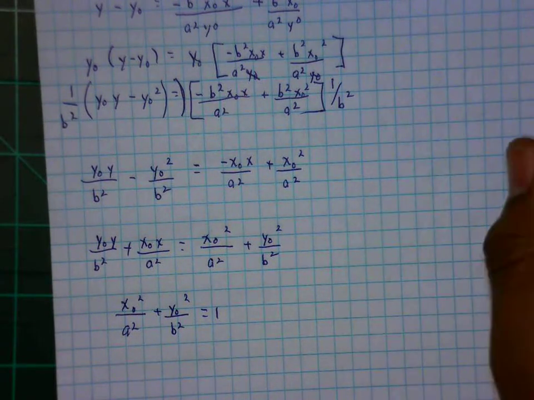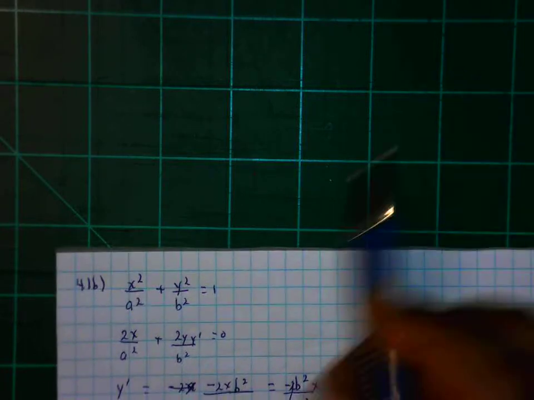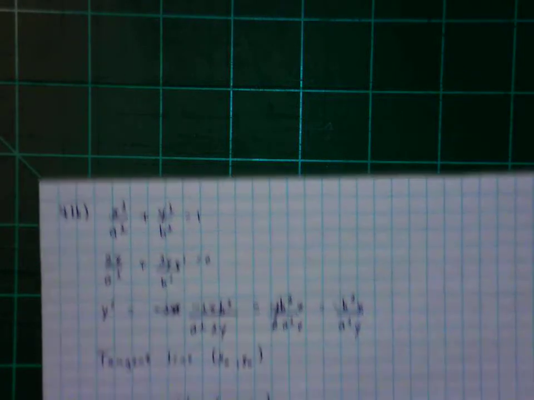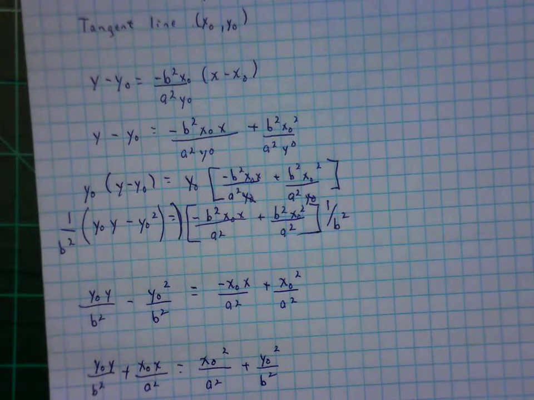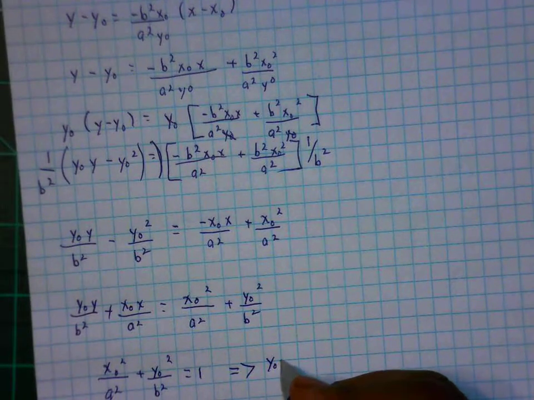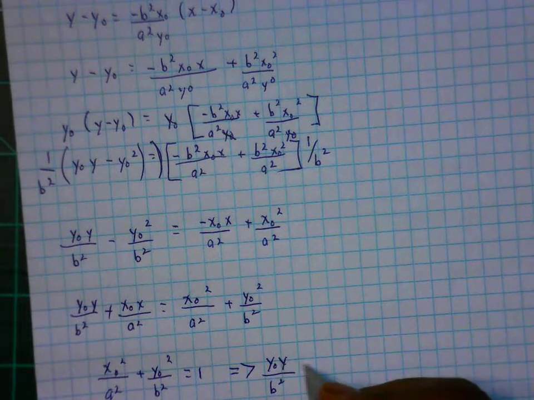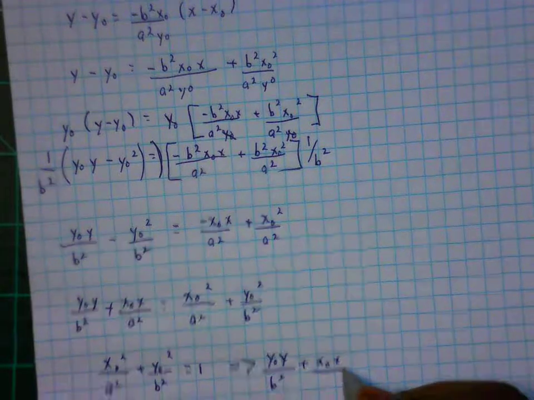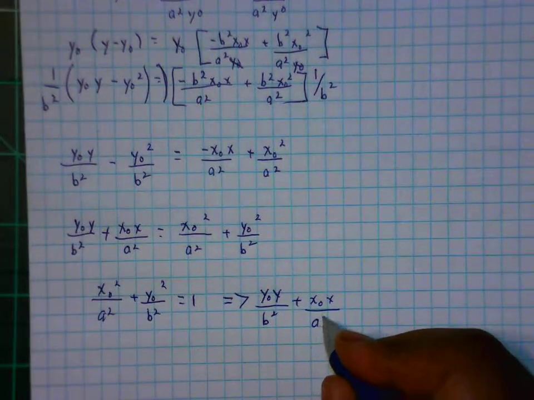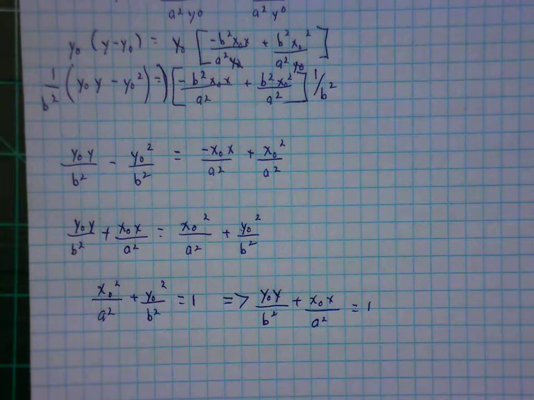That's the definition from back up here, so I'm just using it down here. So that means that y naught y over b squared plus x naught x over a squared also has to equal 1. If this side is 1, then that side has to be 1. And we're done.